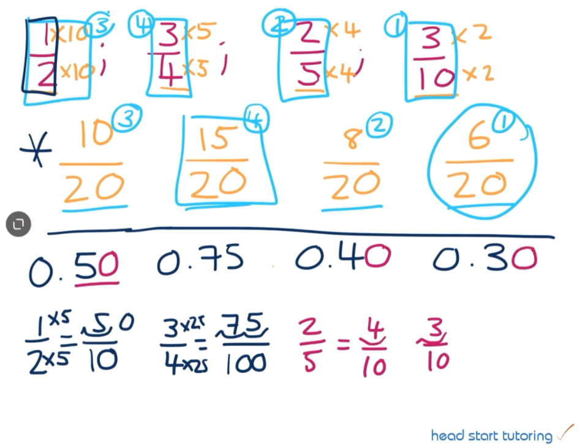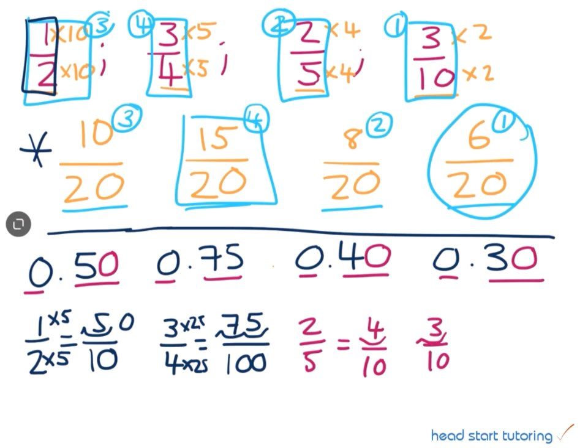And then we can look at these numbers: 50, 75, 40, and 30. So even though it's actually 0.50, 0.75, 0.40, and 0.30, because each of our decimals has 0 units, we can just have a look at the tenths and the hundredths.